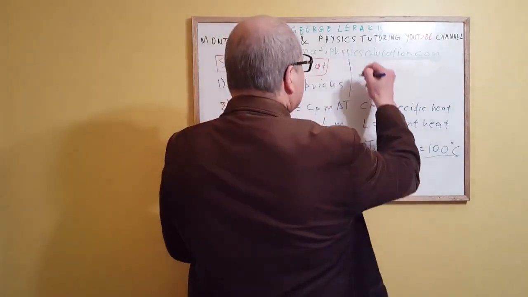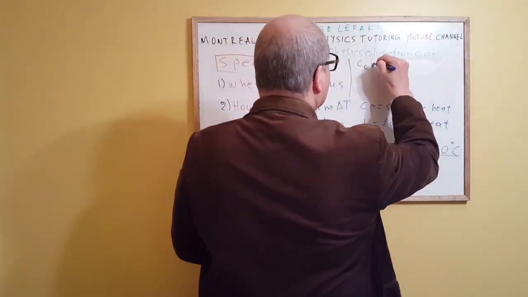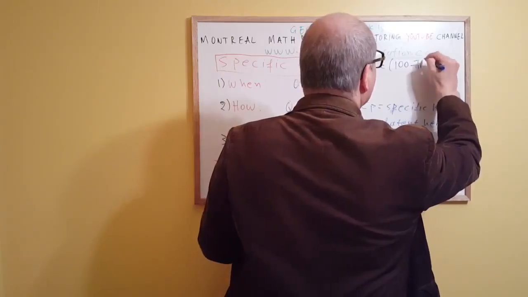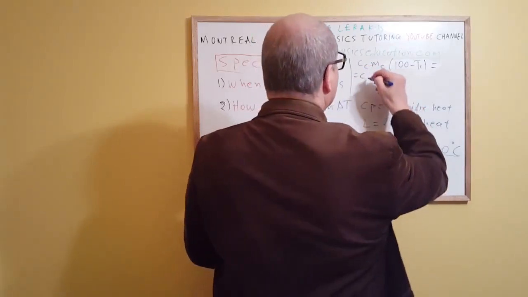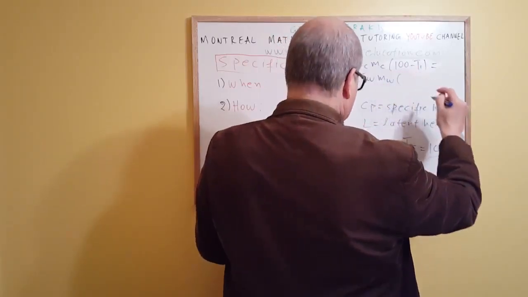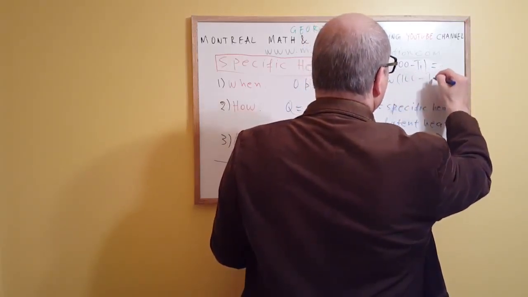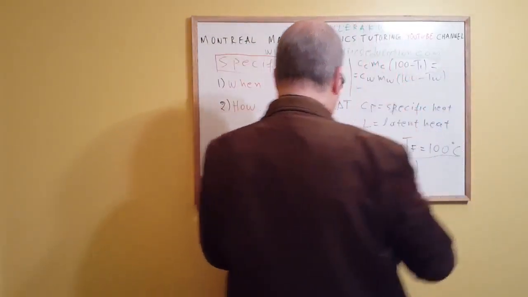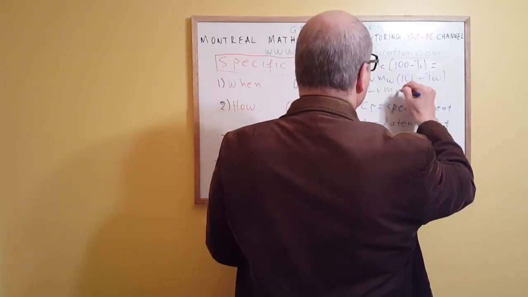We have QL, which is CM times 100 minus T1, has to be equal to Q1, which is CW times MW times 100 minus TW, plus LV times the mass of the water that will evaporate.